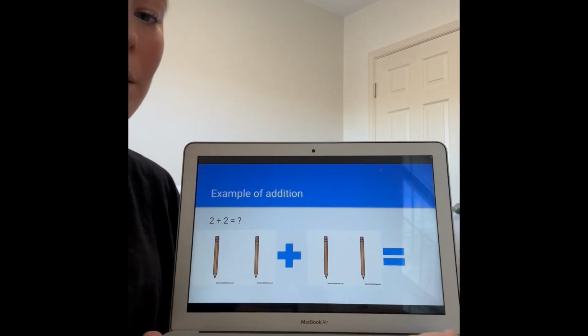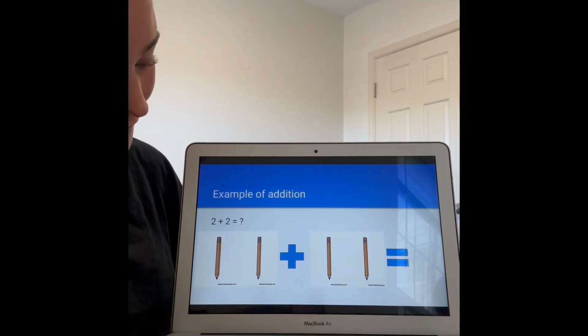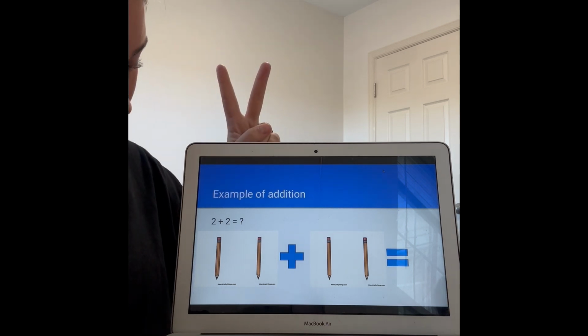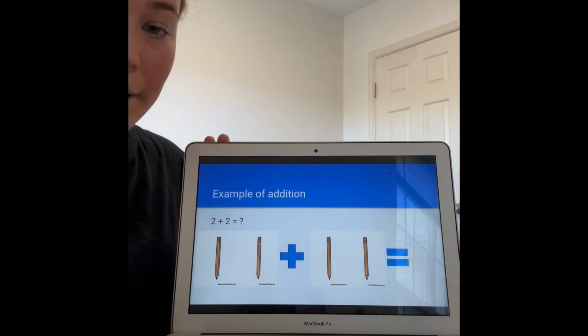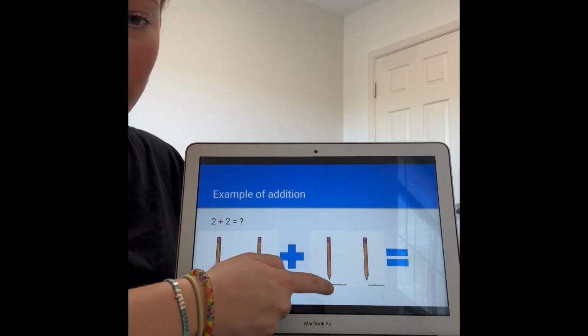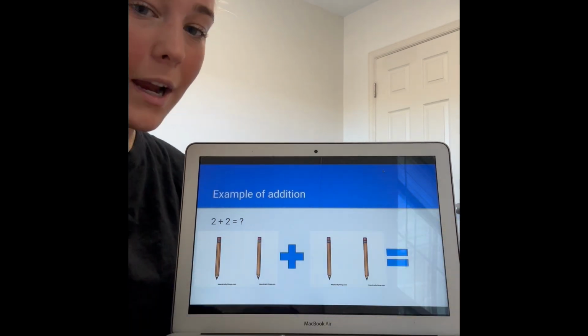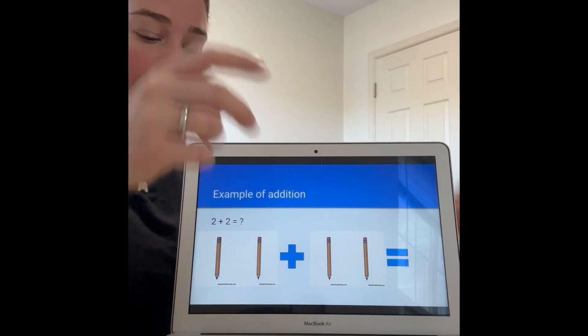We're going to work on a problem all together. We have pencils here that we're going to add together. So we have 2 pencils plus 2 pencils. All right, students, we can either try to count them or do 2 and 2 together.